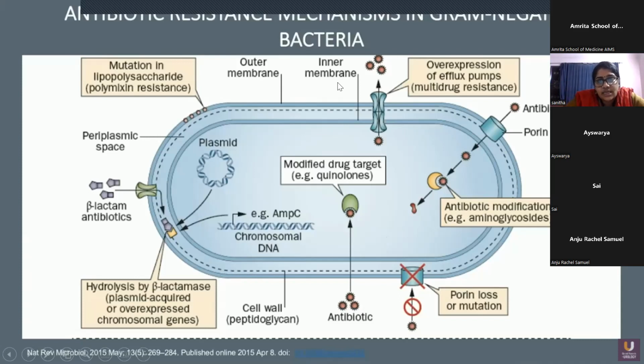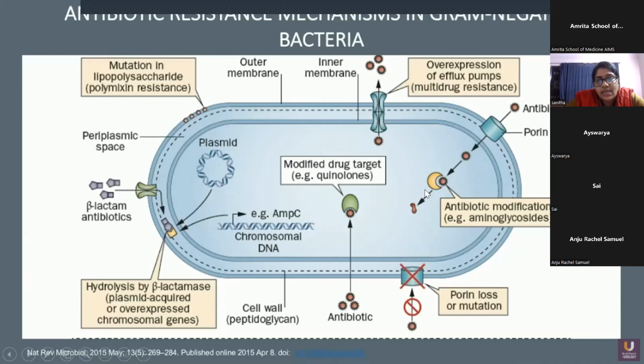So if you see here, this is a gram-negative bacilli. This is the cell wall, cell membrane, cytoplasm, and the chromosomal DNA. So here, bacteria can express efflux pumps for spitting out the antibiotic which managed to enter through the porin channels.